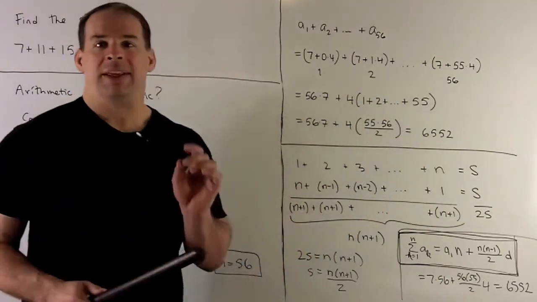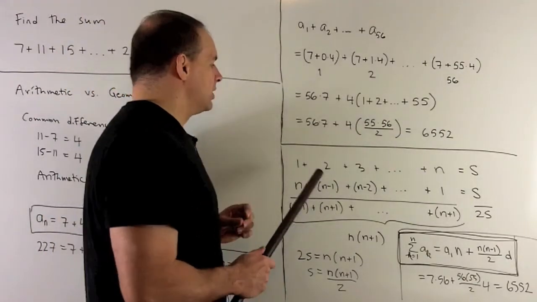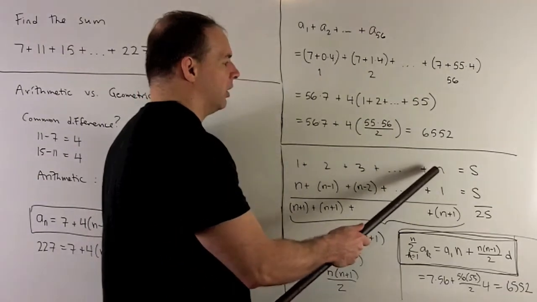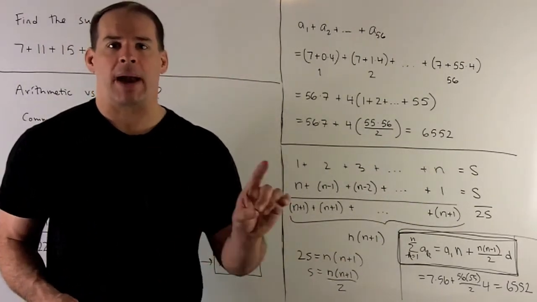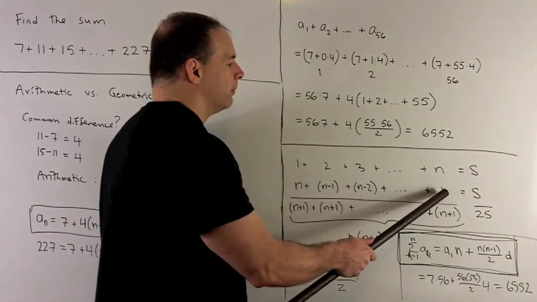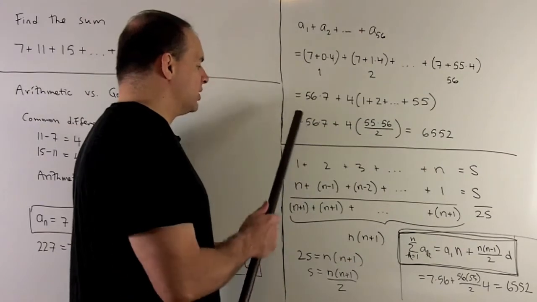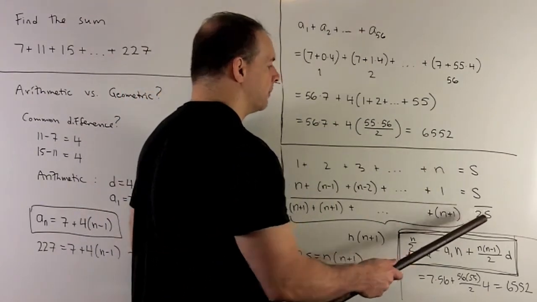This is going to be Gauss's trick. So what did he do? The idea is we take our sum 1 through n and give it a name, s. Then we take s and write it backwards, so I have n plus n minus 1 all the way down to 1. Then the idea is, if we add down the columns, what happens? On this side, I have 2s.